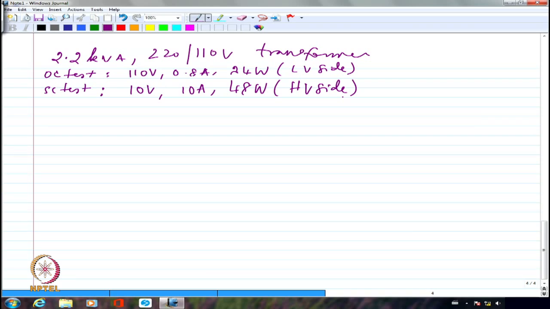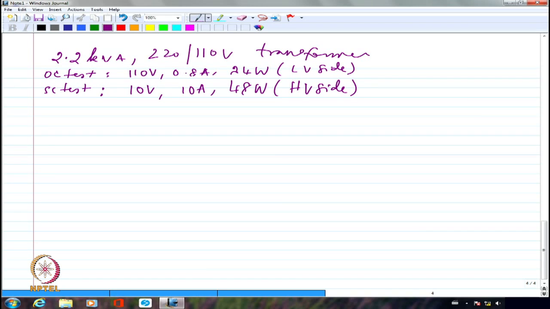So you would be able to calculate for this very clearly RC, XM, R1, R2 dash, X1, X2 dash. Assuming R equivalent divided by 2 will be R1, R equivalent divided by 2 will be R2 dash also. We will not be able to individually calculate for primary and secondary. So what we calculate as R equivalent, we will divide by 2 and take that as R1 and R2 dash respectively. Got it?